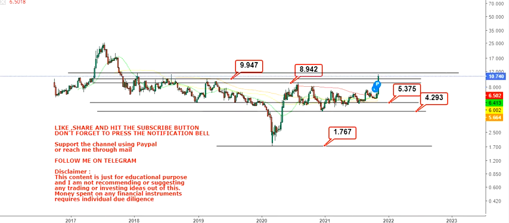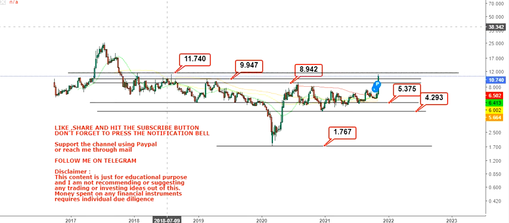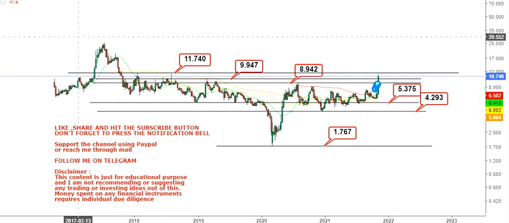Now if it continues to sustain above 9.94 or 9.95, you have your short-term target of $11, which will be your immediate target on the upside. So that's the first thing you need to look at.